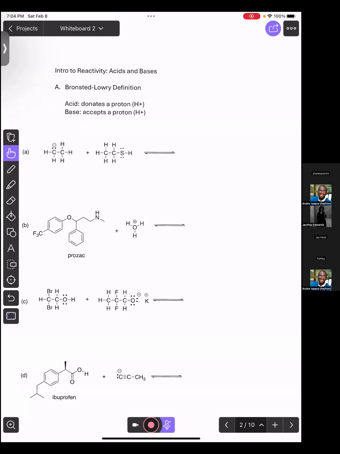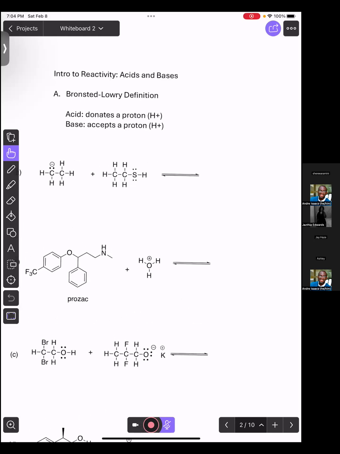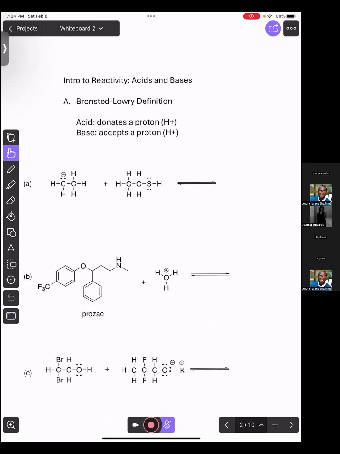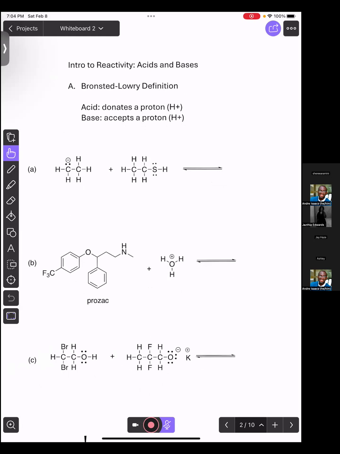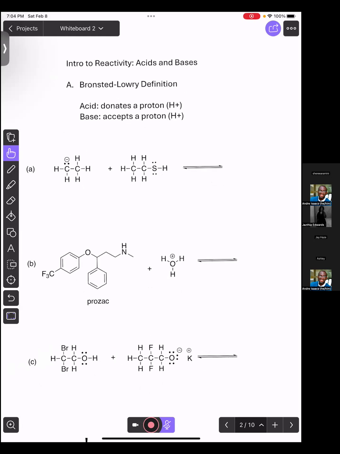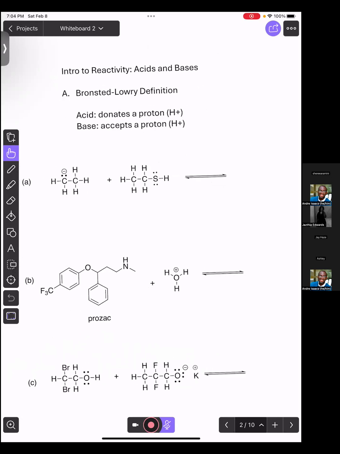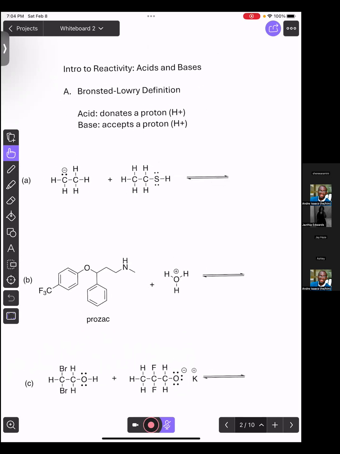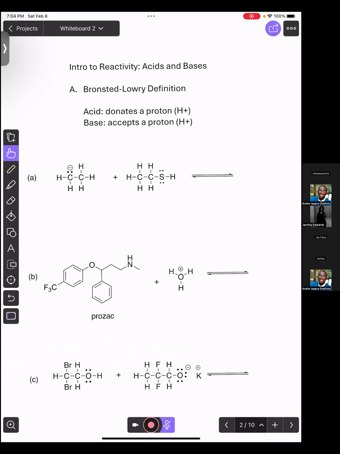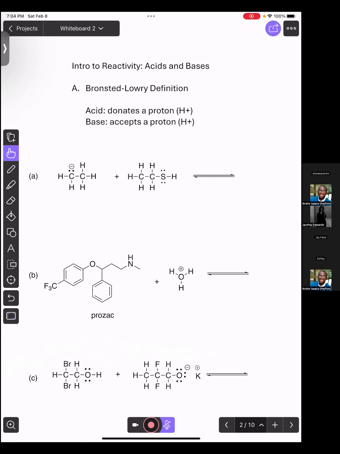Okay. So what we're going to do is a little bit of a review of Bronsted-Lowry acids before we move on to Lewis acids and other stuff. This is a bit of a challenging concept for most students. What we're doing here is not only talking about acid and base reactivity, but also learning how to draw arrows.